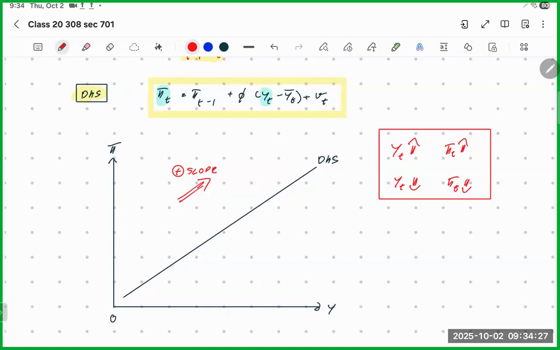For example, at point A, if inflation is low, pi 1, everything is cheap, right? The business sector is going to produce less. From A to B, if inflation is high, which means everything is expensive, the business sector loves to produce more, right? It's simply the law of supply. This is how the DAS graph comes from the equation.